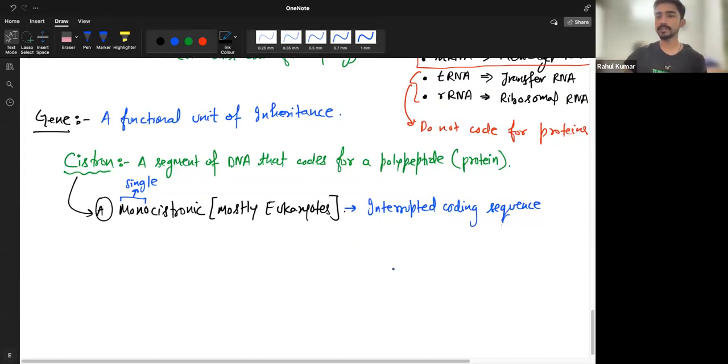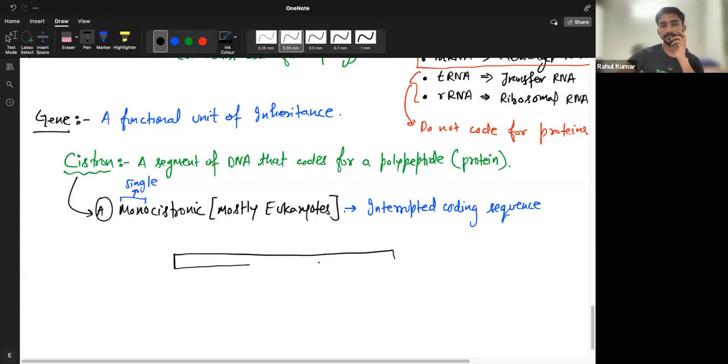So all our genes have interrupted sequences. And what do I mean by interrupted sequence? It means that if this is our structural gene, before this is the promoter region, here is the terminator region.